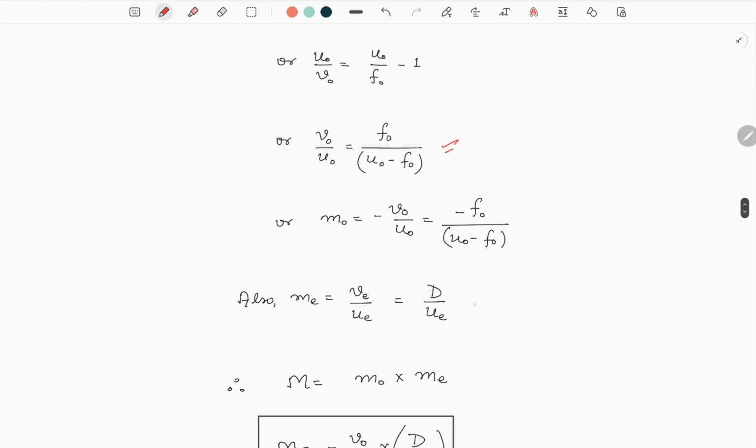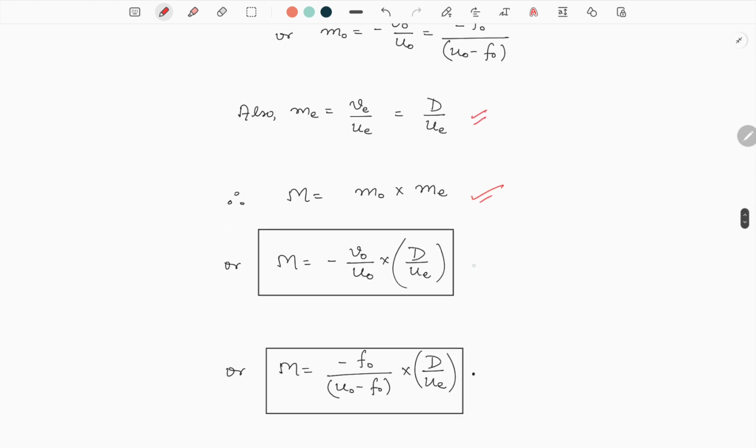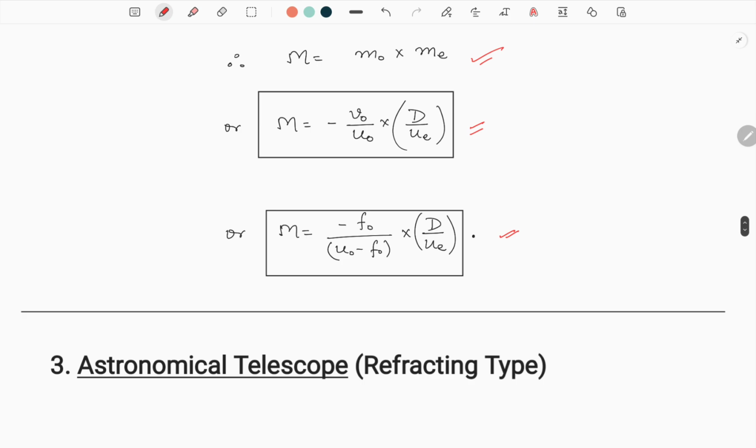Similarly we can also write VE upon UE in place of ME, or D upon UE. So keeping both the values of M0 and ME in capital M, we finally get capital M as V0 upon U0 into D by U with minus sign, and the other value will be minus F0 upon U0 minus F0 into D by U.